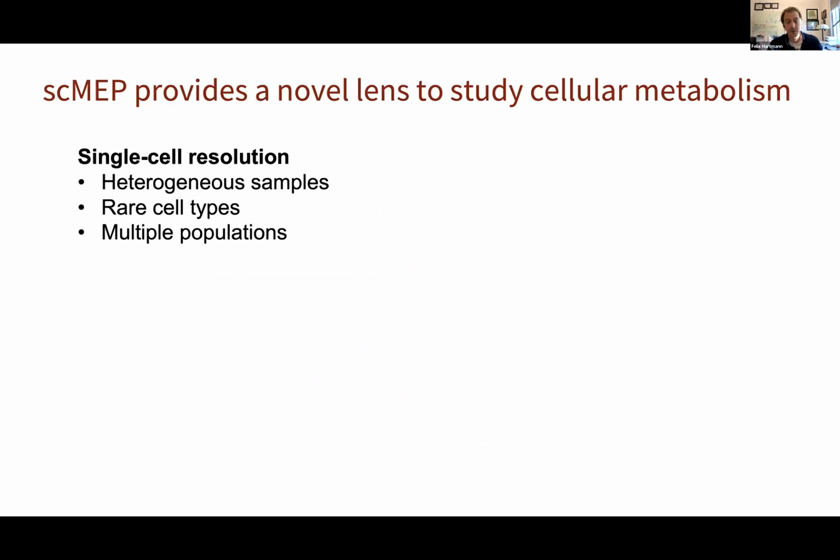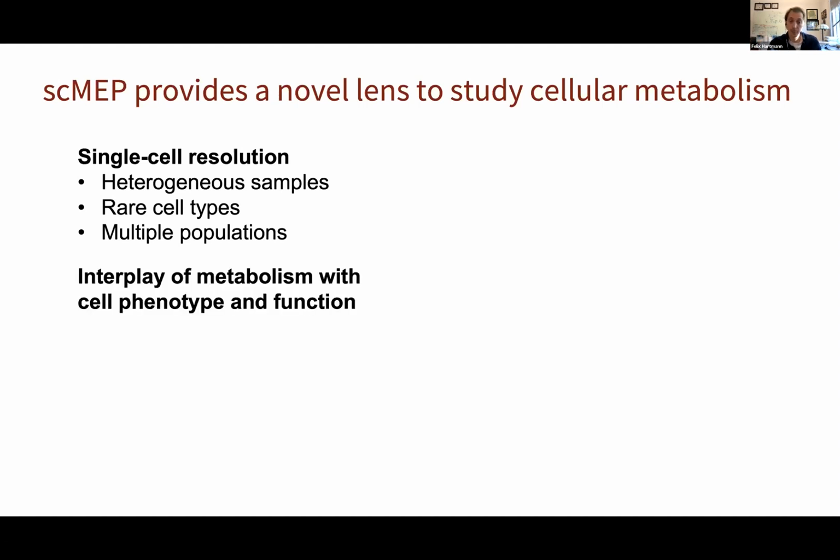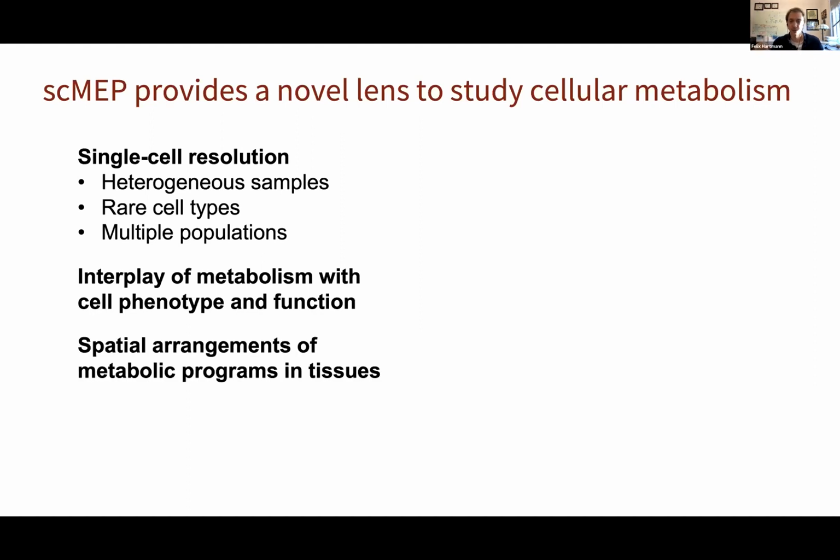The other interesting thing is multiple populations at the same time and seeing how they influence each other. We can also, and I think this is very interesting from a multi-omic perspective, combine these metabolic measurements with measurements of cell function or phenotype using antibodies. And of course, we can look at the spatial arrangements of these metabolic programs directly in human tissues.